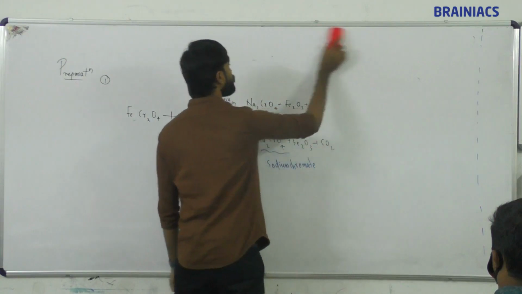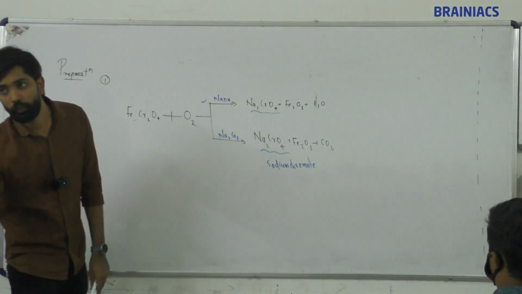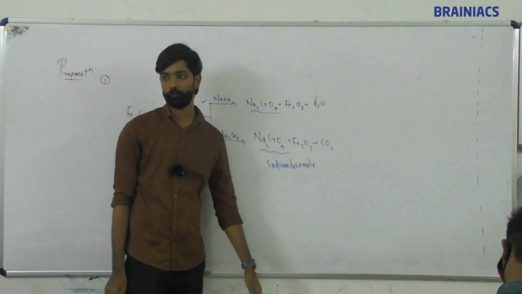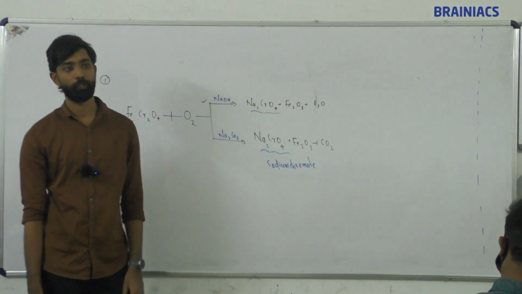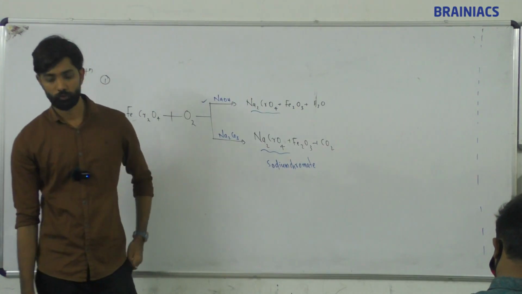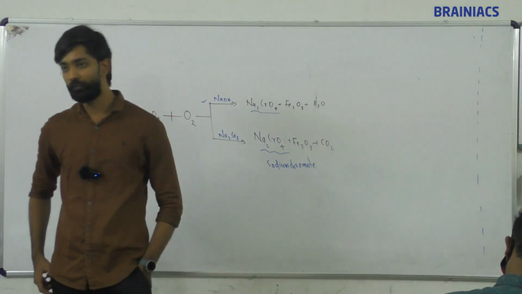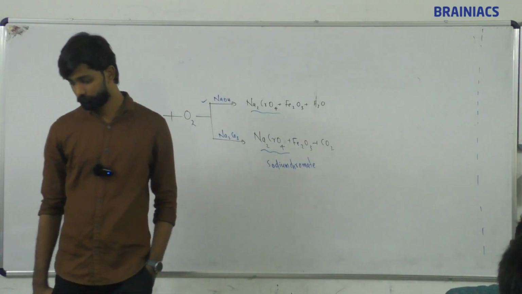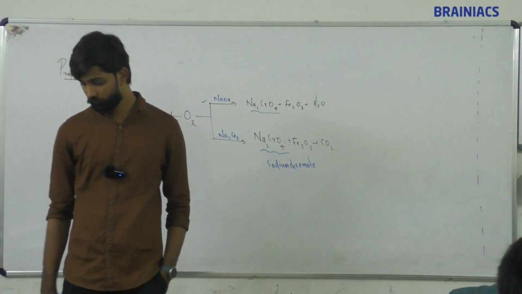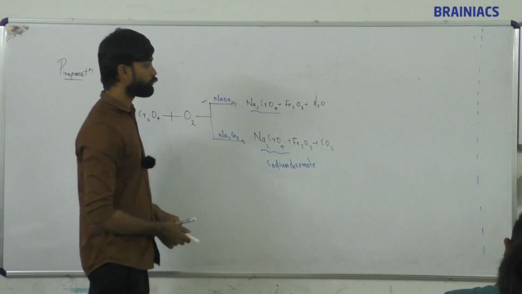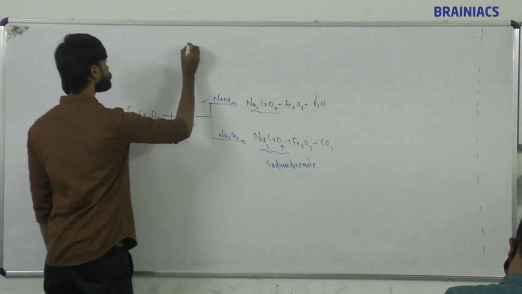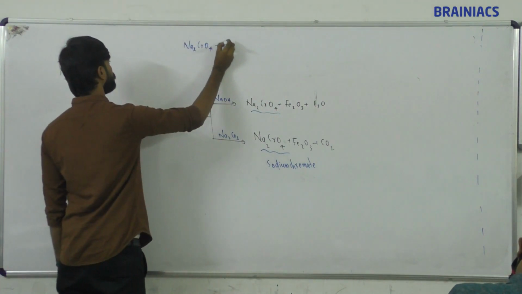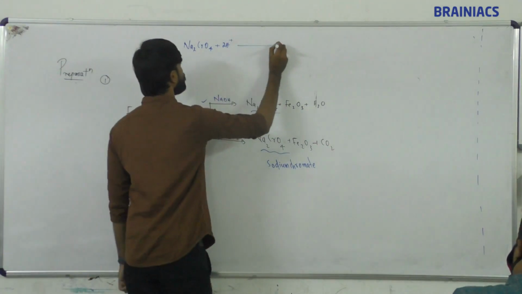Preparation of chromate. And the next step is we want to convert this chromate into dichromate, in presence of acid. So step number 2, acidification of sodium chromate to form sodium dichromate.